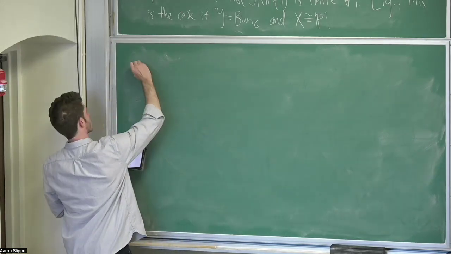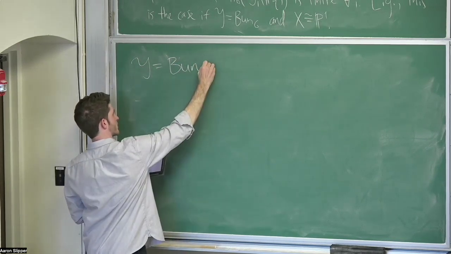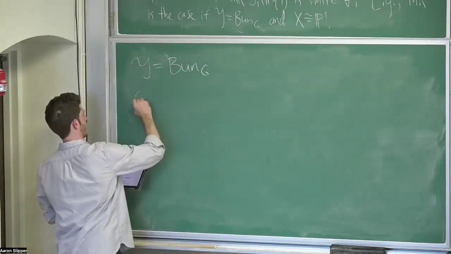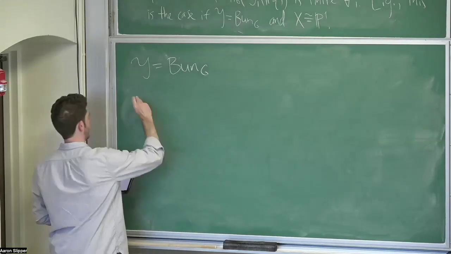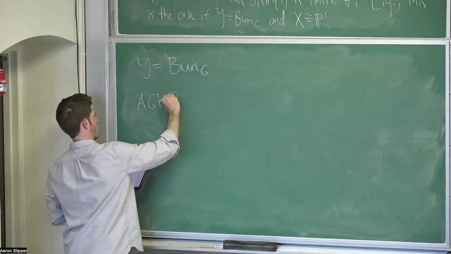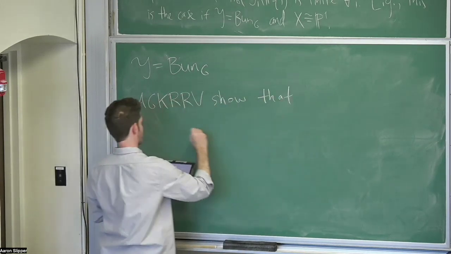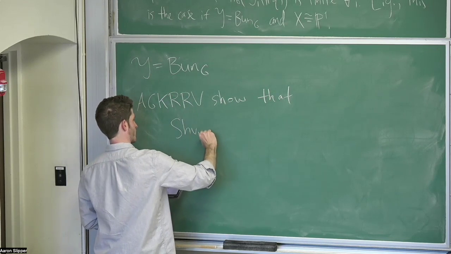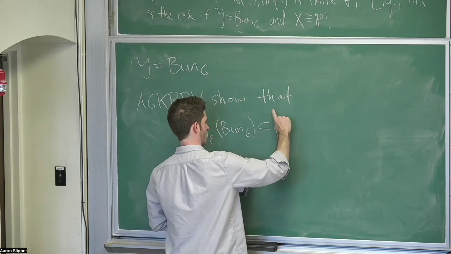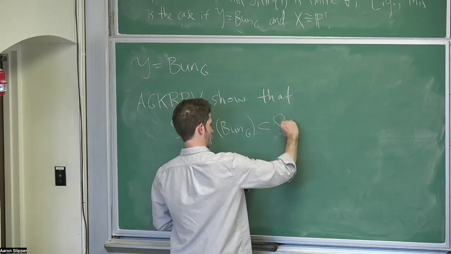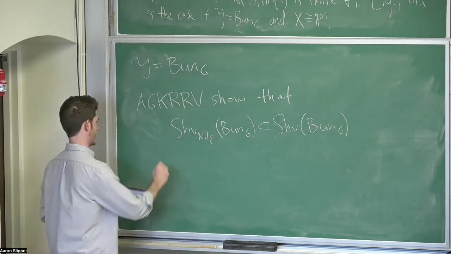Okay, so now we're going to specialize to the case Y equals BunG. Say one, I should say, the six authors show that this category of sheaves on BunG with nilpotent singular support is compactly generated.